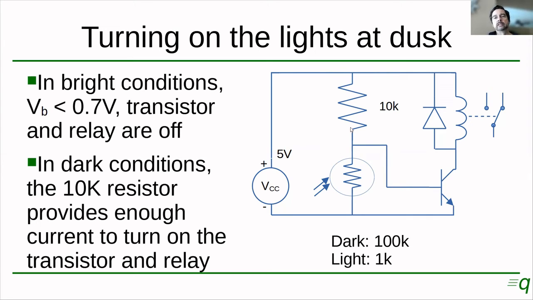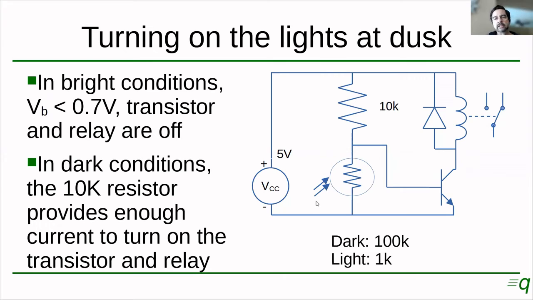Now, with the connection to the base, this is actually going to be limited by the base emitter diode at 0.7 volts. Okay. But the 10 kilo ohm resistor is going to provide enough current to the base to turn on the relay. Okay. So when it is dark, the relay turns on and the lights turn on.